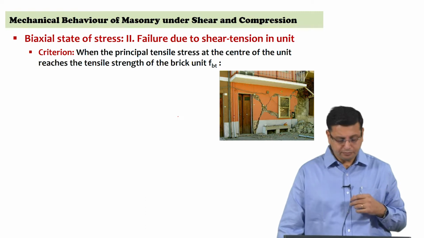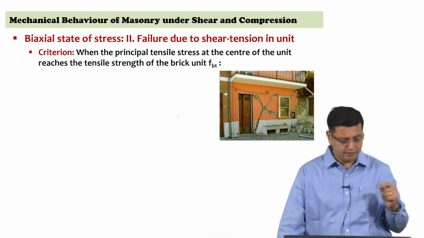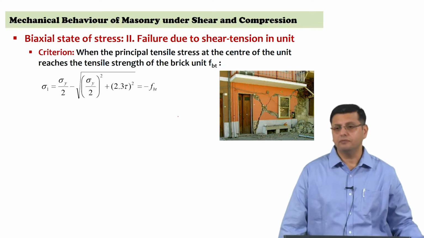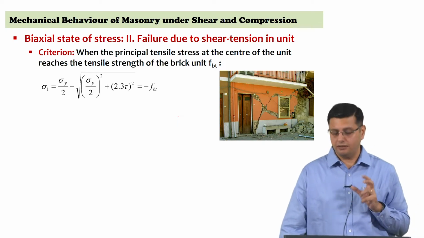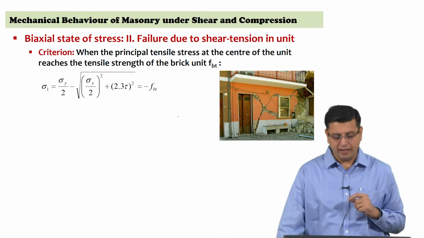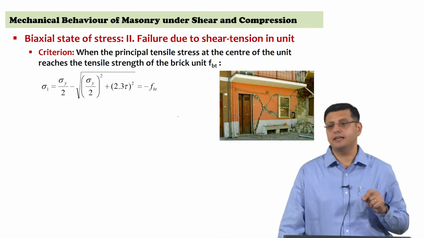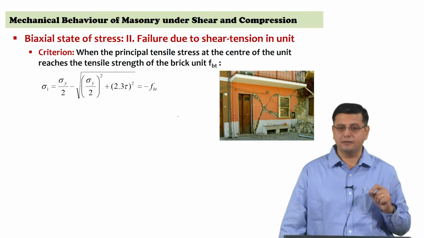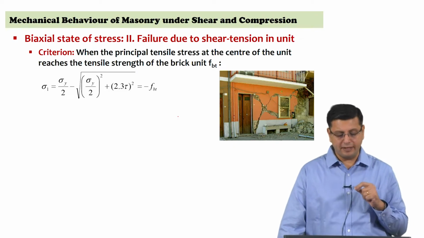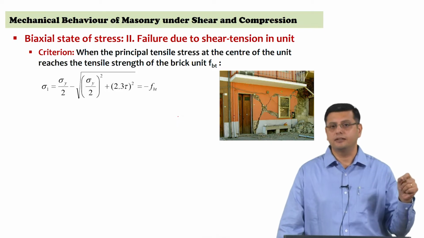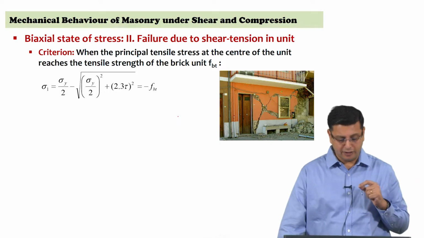the crack occurring through the center of the unit. So, in this particular criterion, we can then use the Mohr stress definition, the Mohr circle, and define what the tensile stress, the principal tension sigma 1, is with respect to the state of plane stress, the biaxial state of stress, tau and sigma acting on the wall.